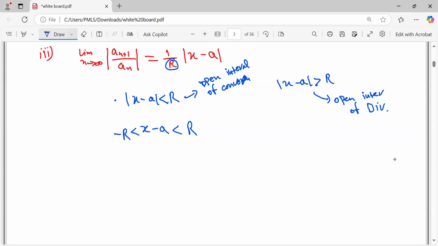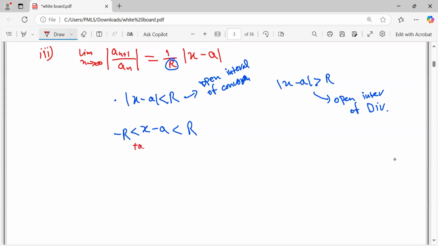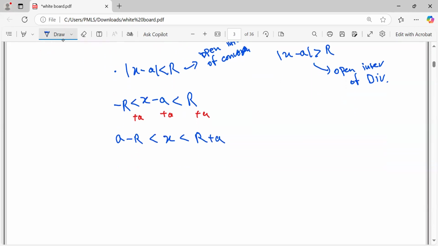To find x, we add a to all sides. So we get a minus r less than x less than r plus a. This means that for the third case our radius is r, and our open interval of convergence is a minus r comma a plus r.